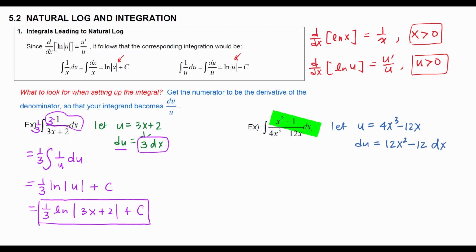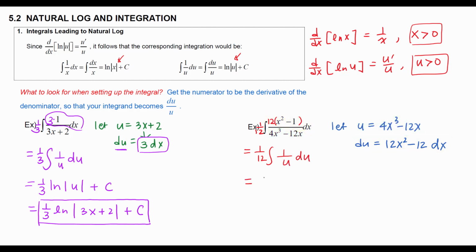And my x squared minus 1 dx would be the same as my du if it was multiplied by 12. So no problem. Let's go ahead and multiply by 12, and then divide by 12 outside so that it is equal to the original expression. And now this becomes 1 over 12 integral 1 over u du again.